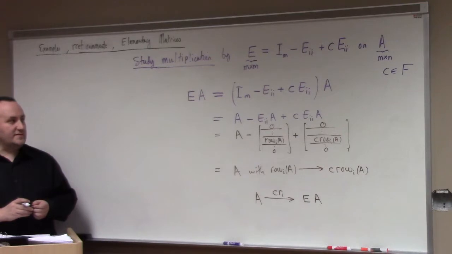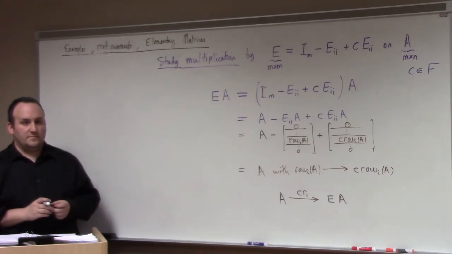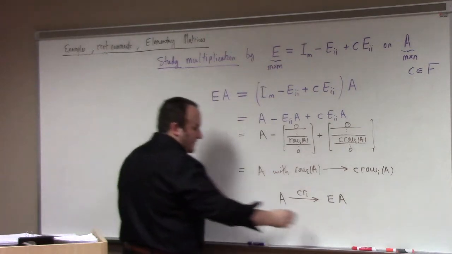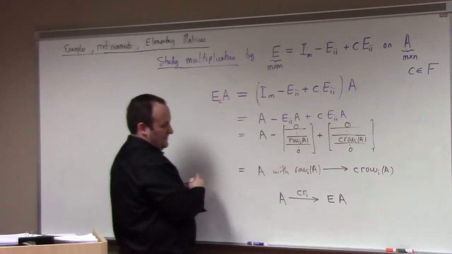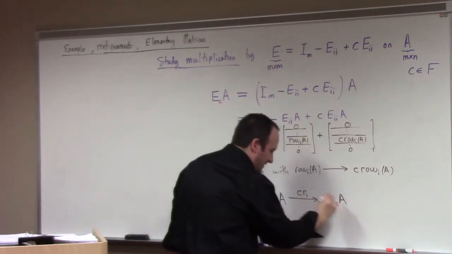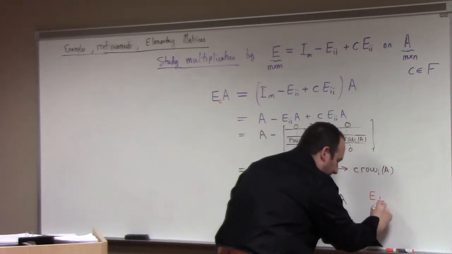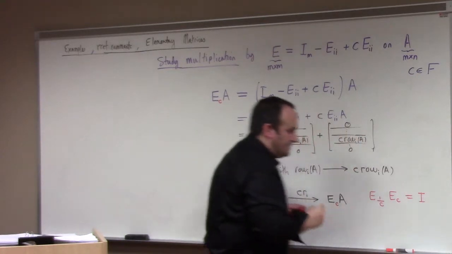Is this matrix E an invertible matrix? What would its inverse be? Let's call this thing, just for the sake of nomenclature in this current discussion, E sub c. It's not hard to see that E sub 1 over c times E sub c is equal to the identity matrix.